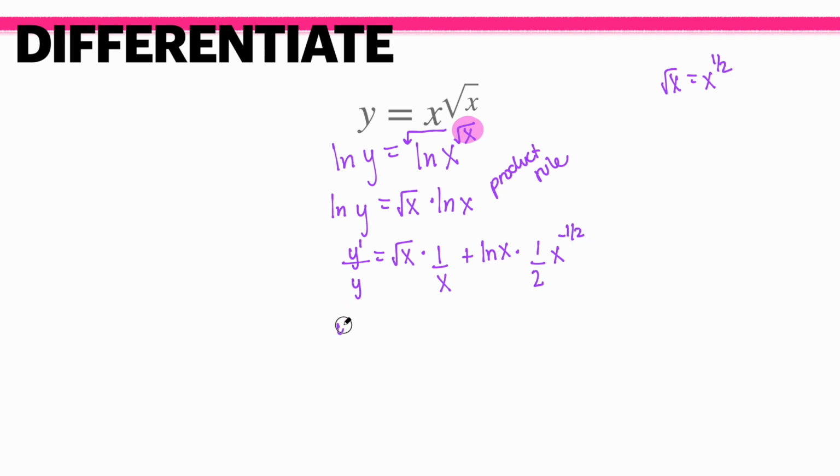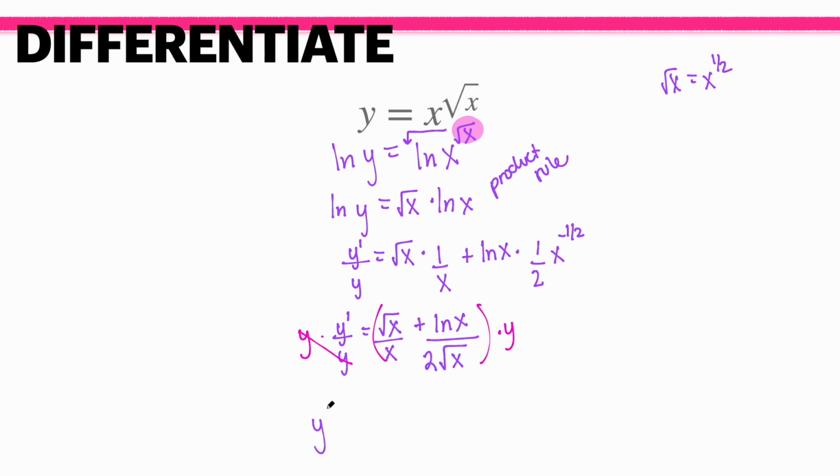So now let's solve. You have y prime over y equals the square root of x over x plus the natural log of x over 2 times the square root of x. Last step, you got to get rid of y. So I got to multiply both sides by y to cancel.